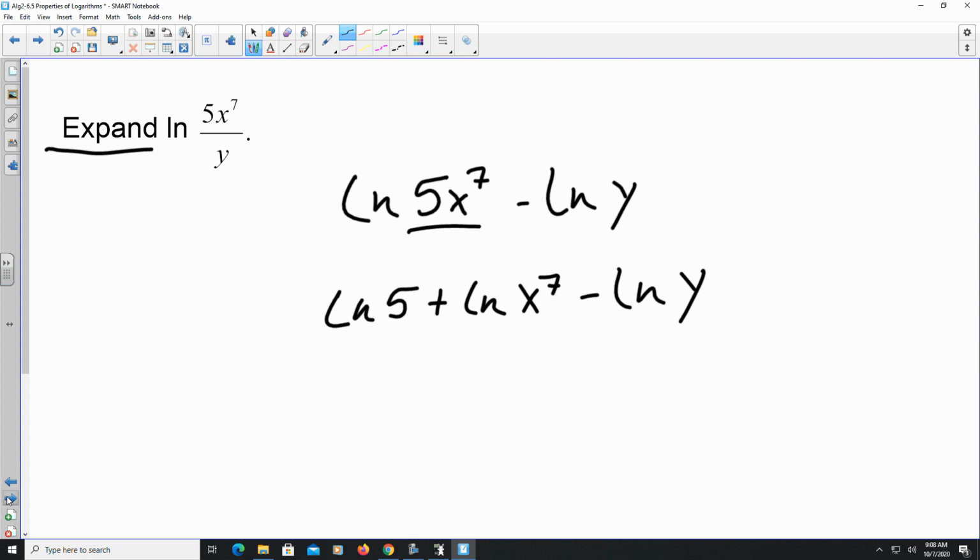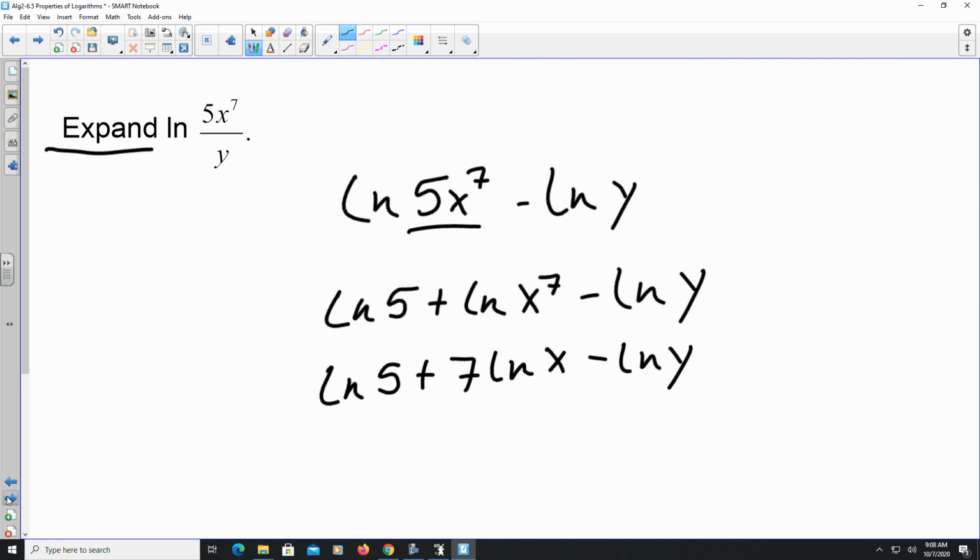Natural log of 5, I'm good. Natural log of x to the 7th, well, I have an exponent, so now I have to use the power property. The final step is the natural log of 5 plus 7 natural log of x minus natural log of y.